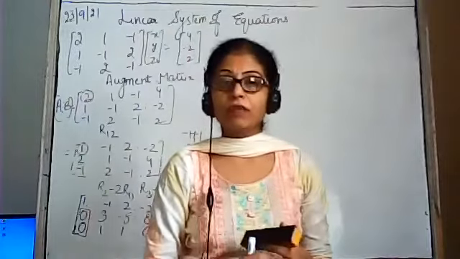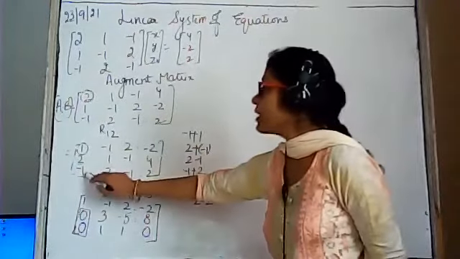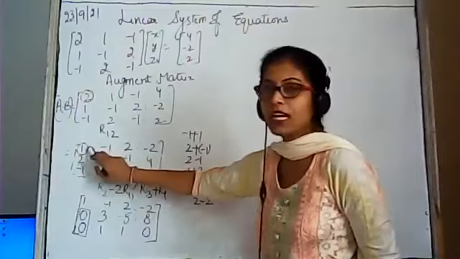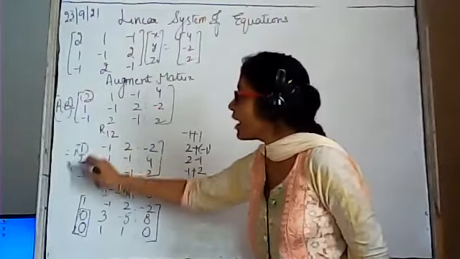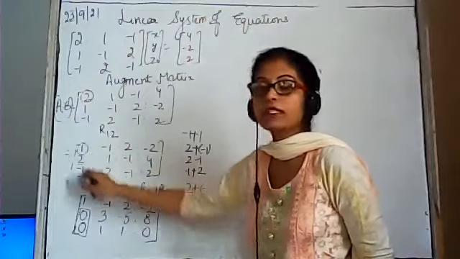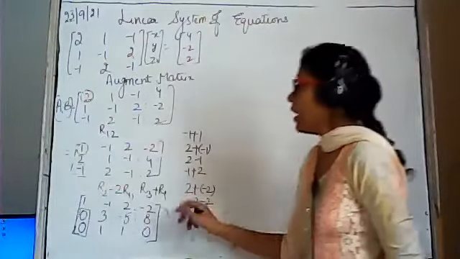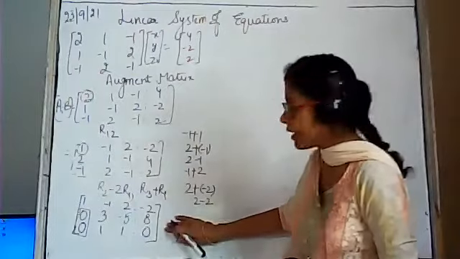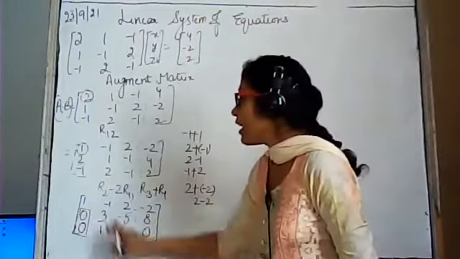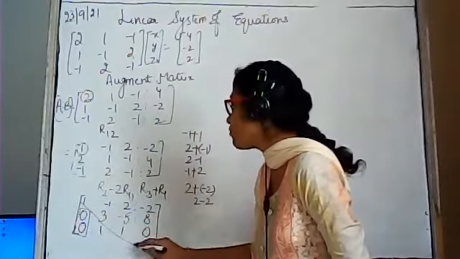Again, step number 1: if we are having 3 rows, in that case, we are to keep this element as it is, and below this element, we are to make all these elements 0 using row number 1. Okay? After that, step number 2. Now, this is our new matrix. After that, now look, we are to make this in the upper triangular form.